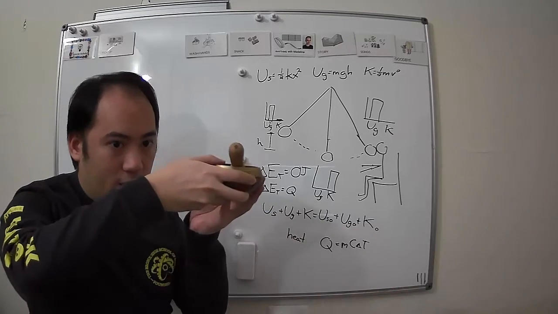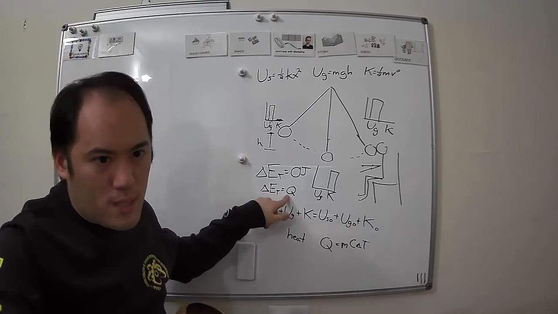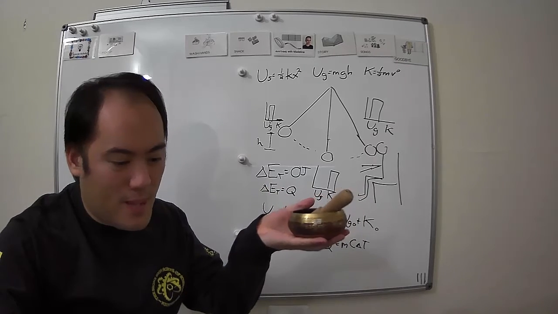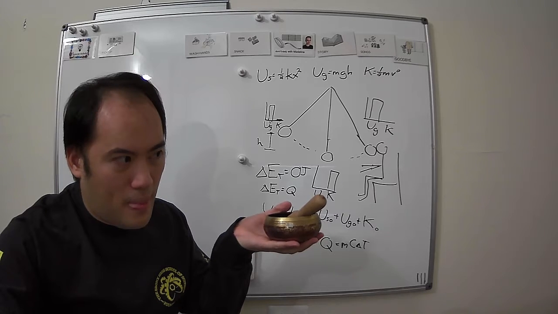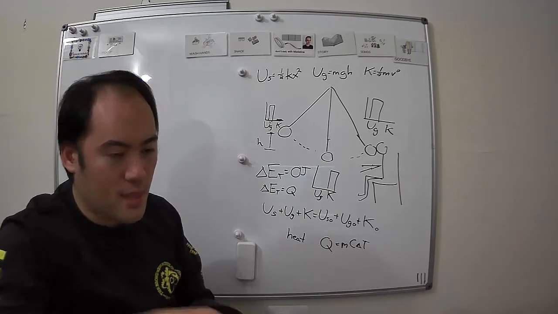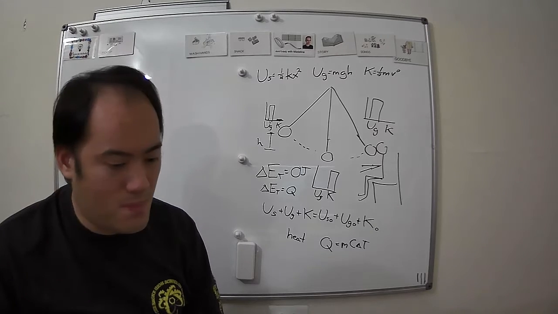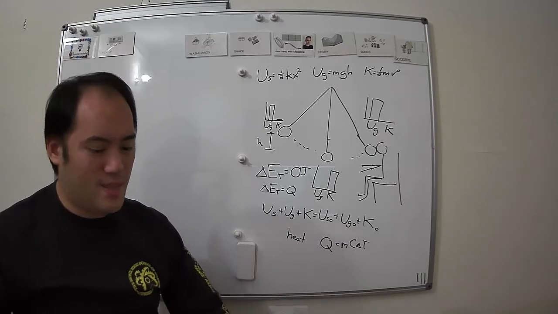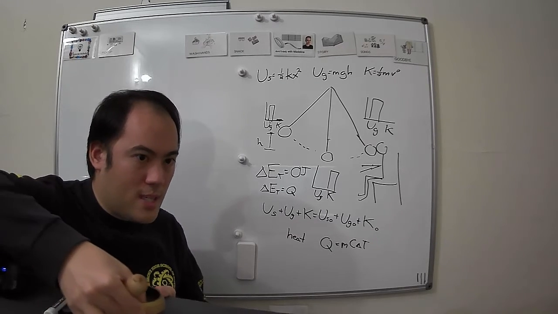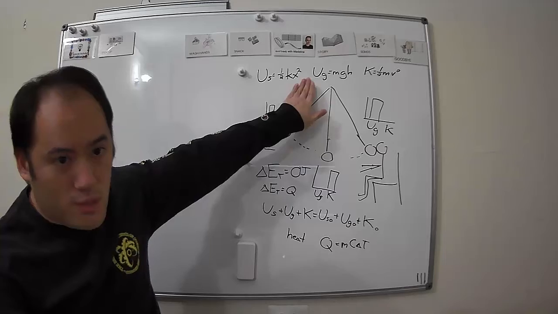but all the potential energy doesn't become kinetic, some gets lost, that lost amount will be a certain number of joules of heat. If my Tibetan singing bowl has 100 joules of potential energy, UG, and it slides down a keyboard, it'll lose UG and gain K. So it started with 100 joules of UG.